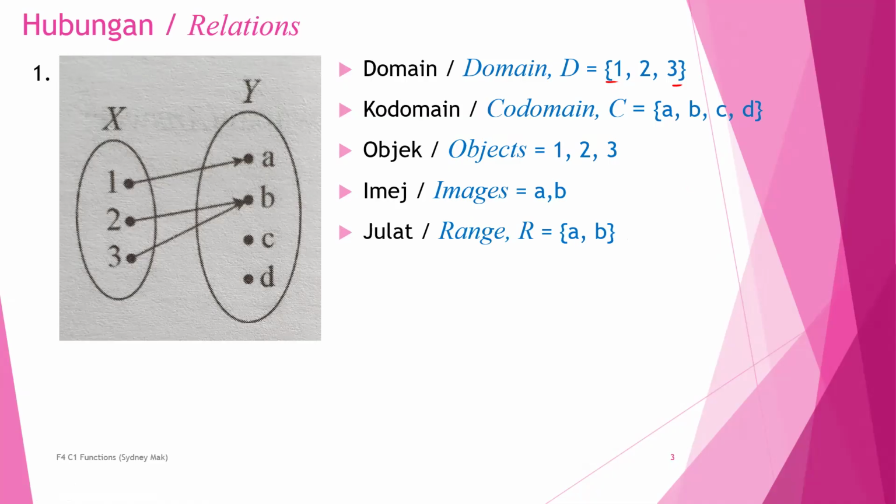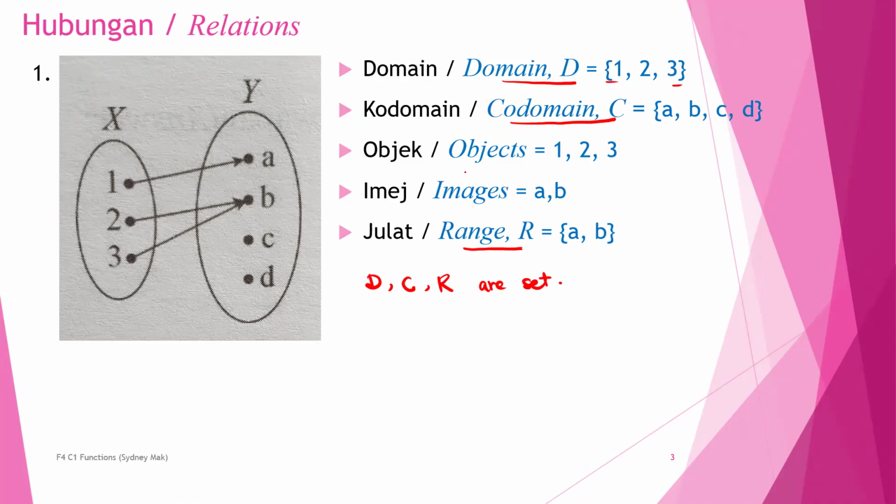So range, domain, codomain, they are sets. D, C, R are sets.